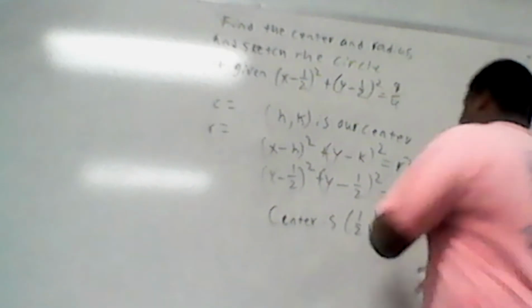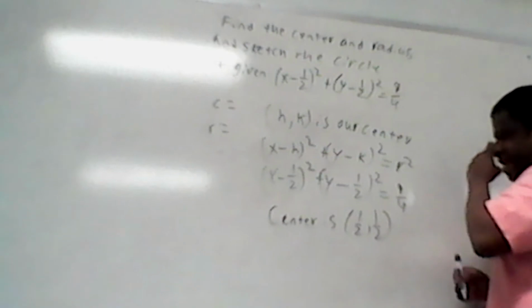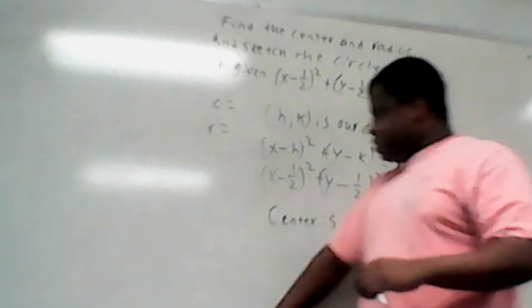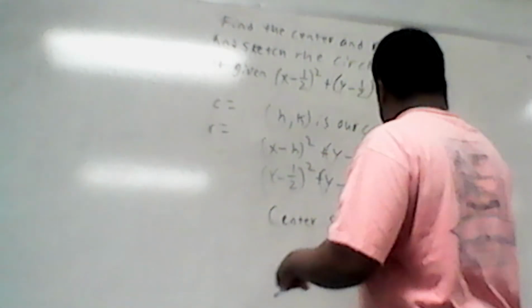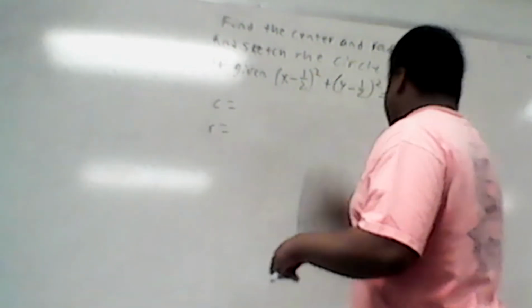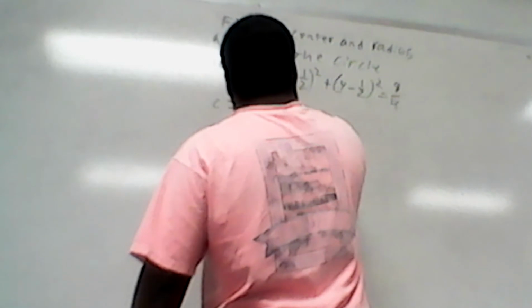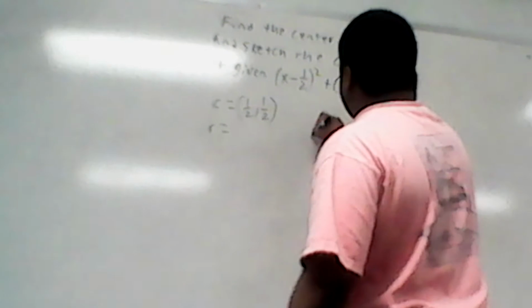And then I know now I need to evaluate my 9/4, right? I gotta get that back into radius. So I'm just going to erase this part, and where my c is over here, I'm going to put in the coordinates (1/2, 1/2) for my center. Now to find the radius, I got 9/4.